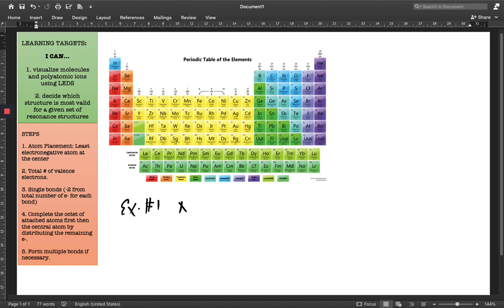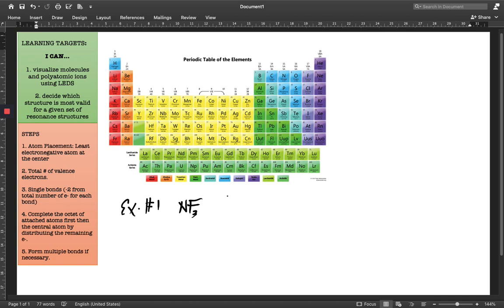So we need to draw the structure of NF3. The first thing is for us to determine the placement of the atoms, and we must always remember that the least electronegative atom must be placed at the center. The least electronegative atom, for binary covalent compounds, is the one that's written first, or it's the only one present.